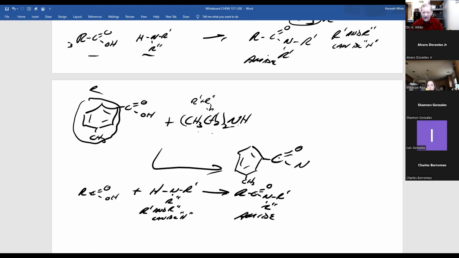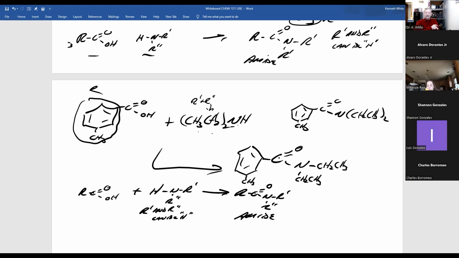And then I have my nitrogen, and I could write two ethyls like this, or I could have written it this way. Both are the same. On a test, both would be correct.